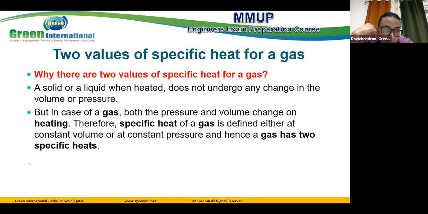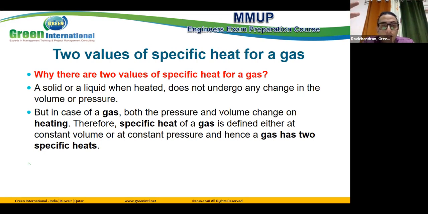Another thing, we have two values for specific heats in gases, but we only have one specific heat for solids and liquids. Why? If you remember the pressure and volume relation, in the case of gases, when you change the pressure, the volume will change.